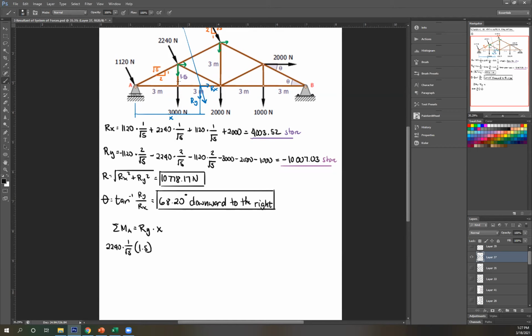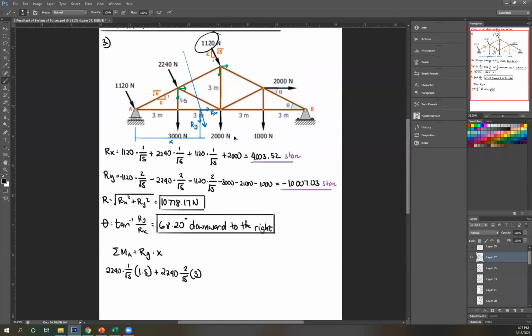Next, y component. Rotating it about A, again, that's positive since clockwise. 2240 times vertical component is 2 over square root of 5. Then perpendicular distance is this, therefore that's 3. Okay, do the same thing here. So 1120, again, let's start with the horizontal component. Rotating it about A, that is clockwise, therefore positive 1120, horizontal component, so multiplied by 1 over square root of 5.